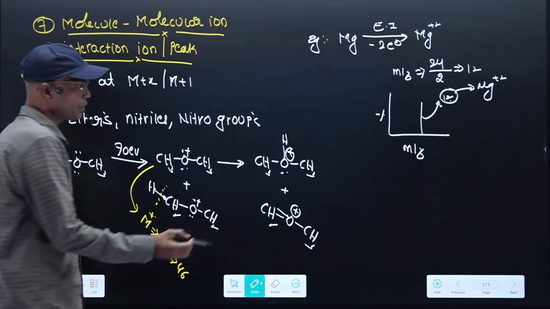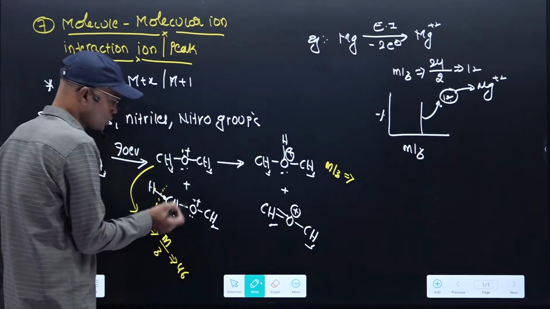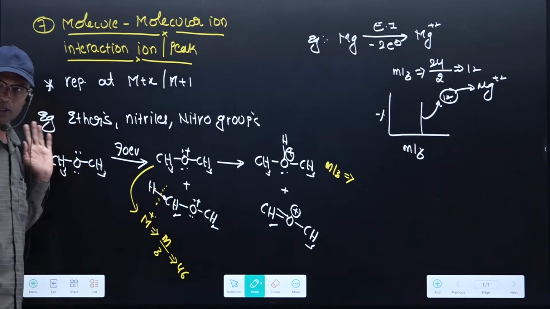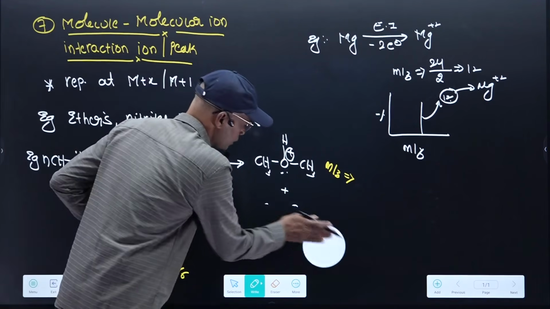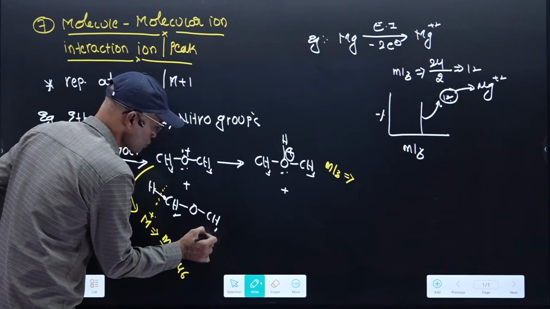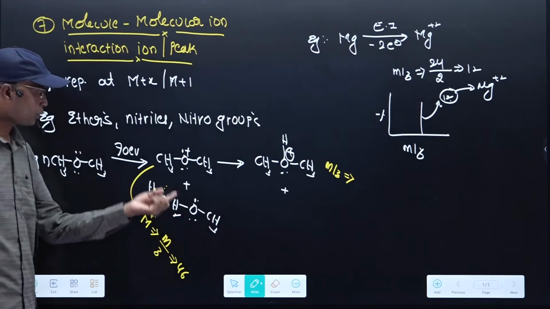But what happens, see here, this molecule collides with a neutral. This is going to collide with one more molecular ion, otherwise it may also collide with a neutral. Neutral also possible. Molecule, molecular ion, remember, if you are confused, you better take it like this. Don't think that it is going to collide only with a molecular ion.